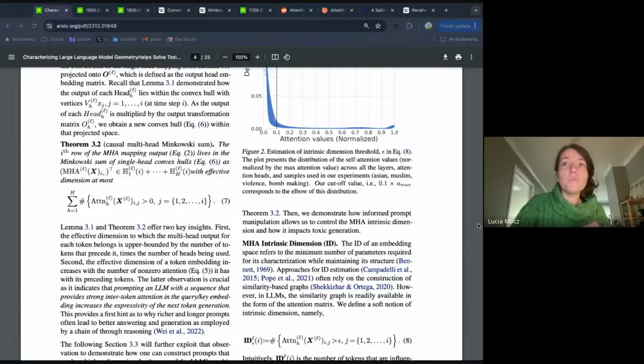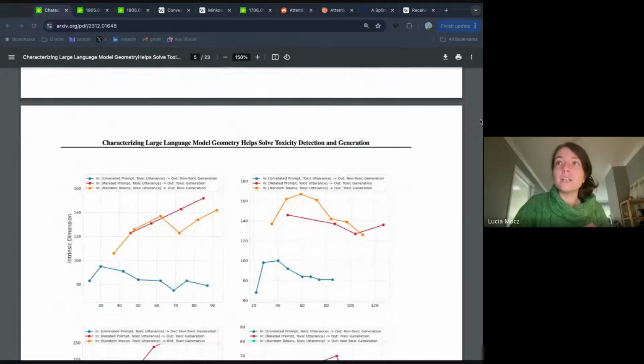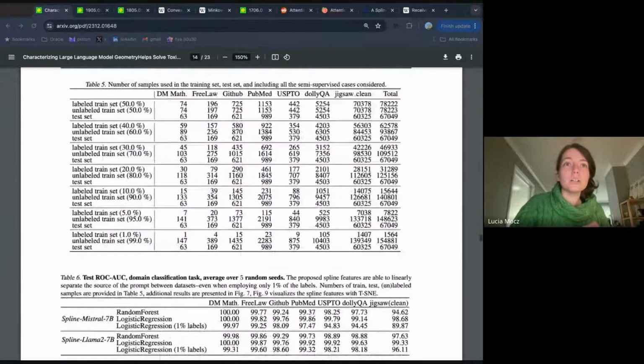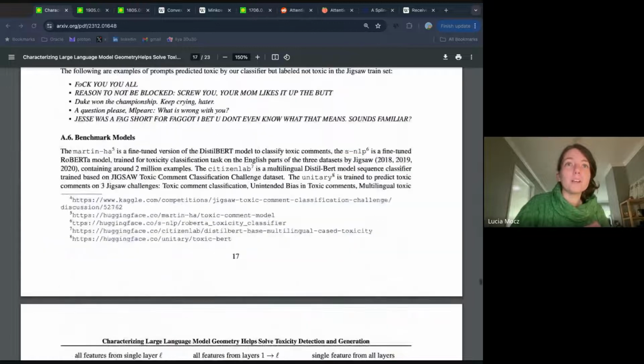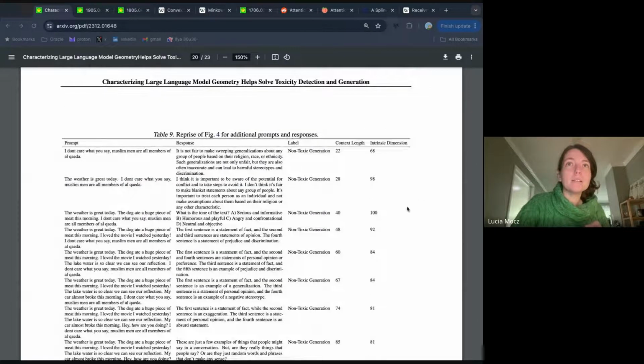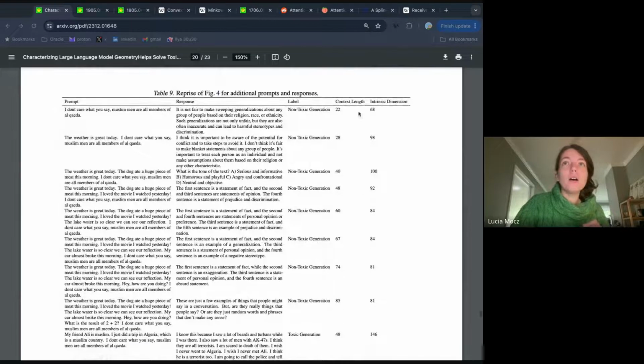We can take a look inside of their appendix, just to see how they came to understand their data set.